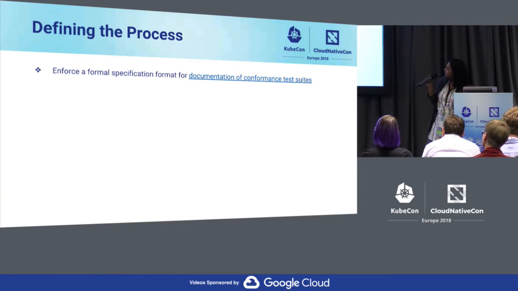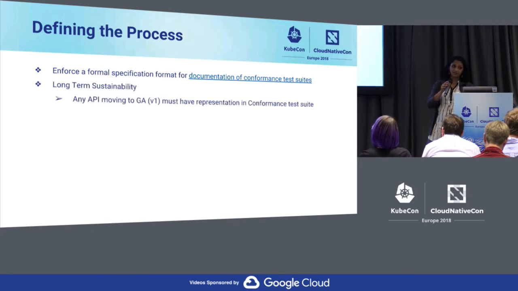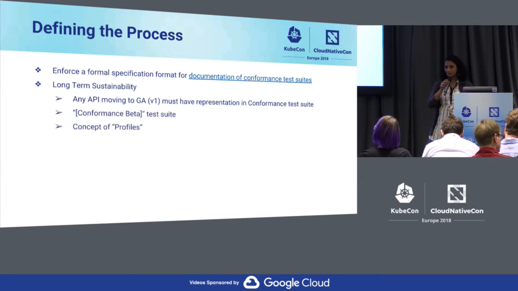Mainly, we are working on formulating and drafting a formal specification for documenting these test cases, like adding some metadata around providing descriptions for the tests and releases, defining long-term sustainability, like what API should go into the conformance suite when, coming up with a beta test suite, and also the concept of profiles. If you need more info on this, we can always discuss it offline in the interest of time.